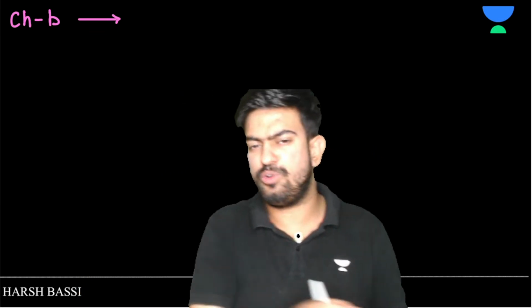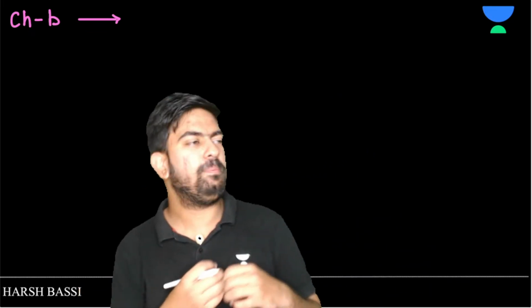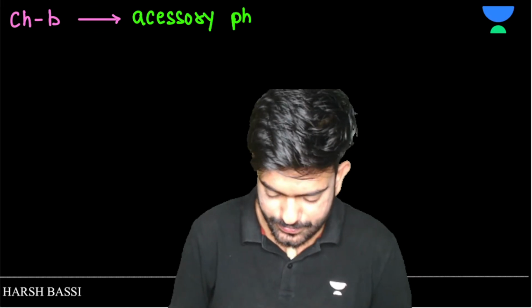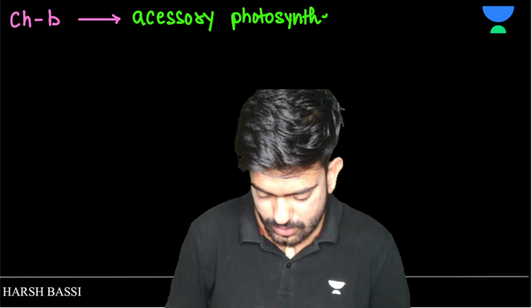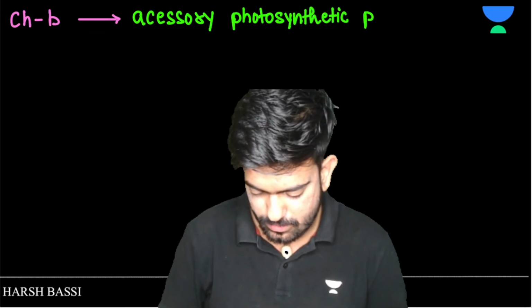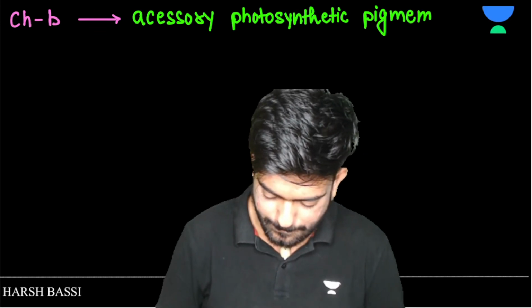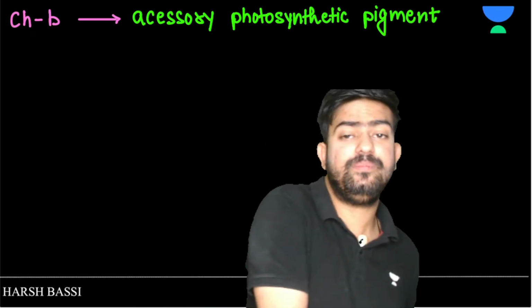Chlorophyll A is doing the main work, and chlorophyll B is just supporting chlorophyll A. So chlorophyll B is an accessory photosynthetic pigment. Clear?